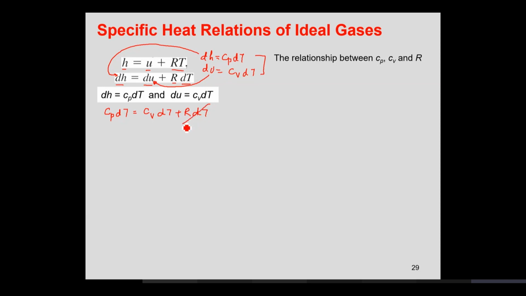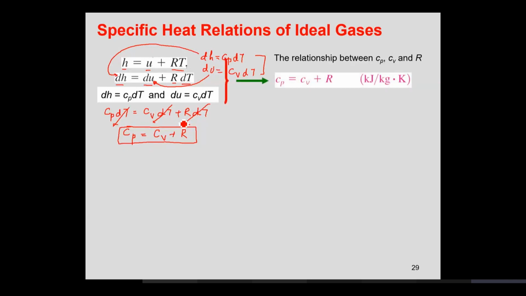The dT would cancel out and you would have Cp equal to Cv plus R. So for an ideal gas, you'll have this equation: Cp equals Cv plus R.